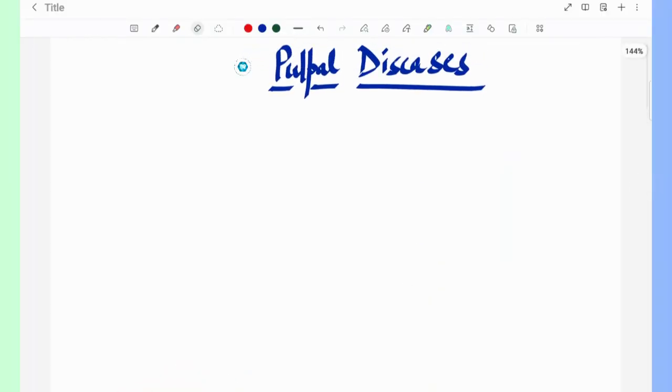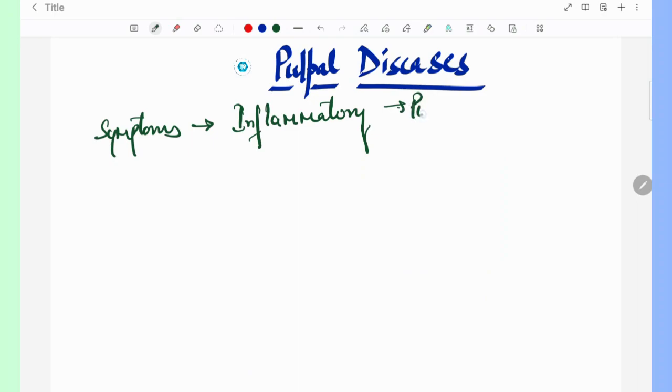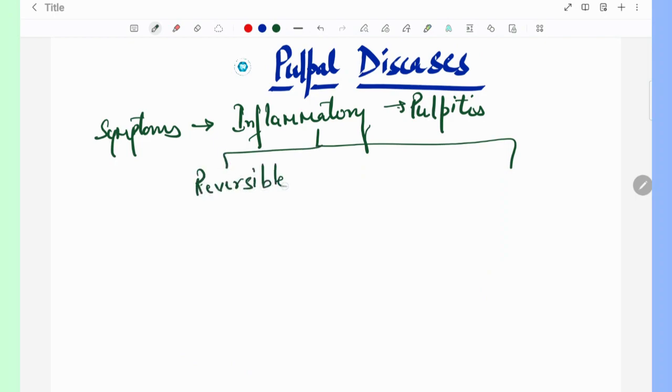Topic is pulpal diseases. The clinical classification of the pulpal diseases is based primarily on the symptoms. It could be inflammatory diseases of the pulp, that is the pulpitis, which could be reversible pulpitis or the irreversible pulpitis.